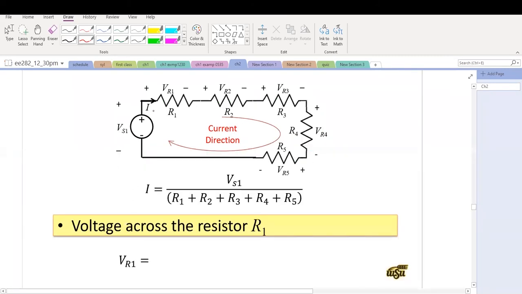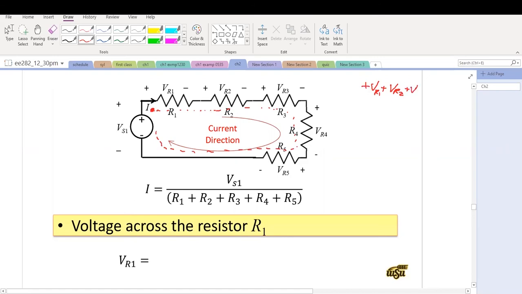Okay, let's use KVL. I start at this point here. First, I encounter this voltage source's plus sign first. So that will be VR1. And then I keep walking here, and VR2, plus same thing here, VR3, VR4, and VR5 until I come here.